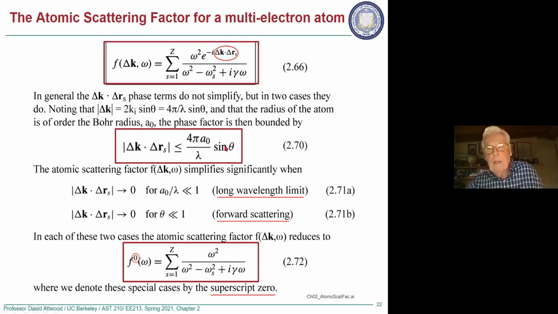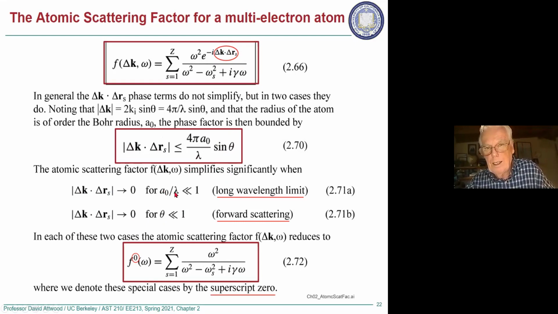So you could say, okay, this complicating factor here goes to 0. This goes to 0 in two cases: one if lambda is large, and one if theta is small. Either one of those will make this thing go to 0 or become small. So here they are.